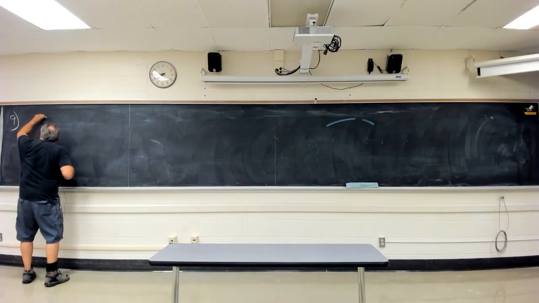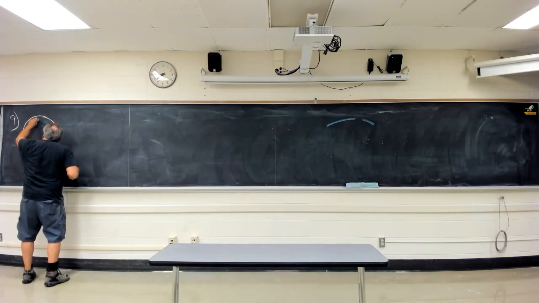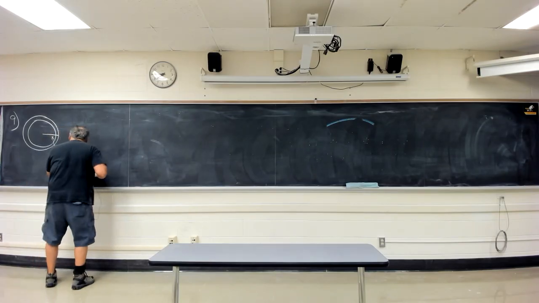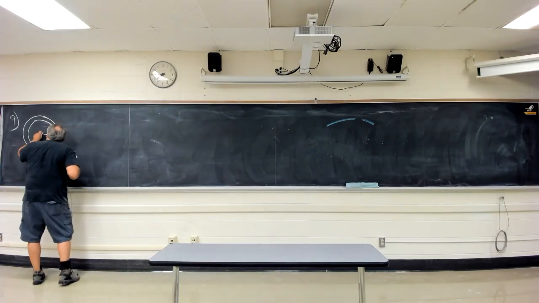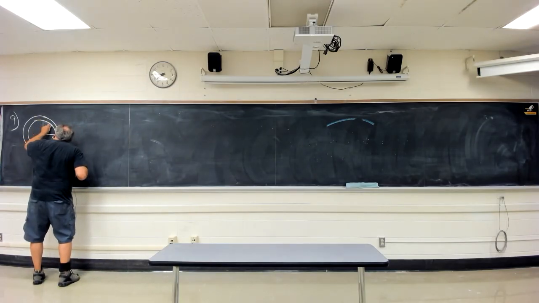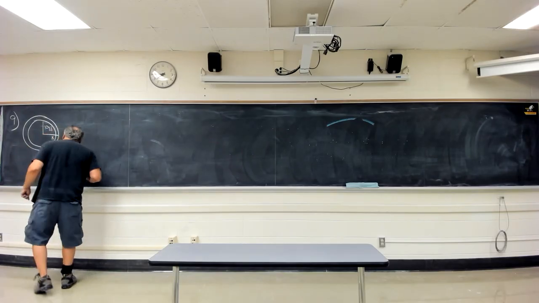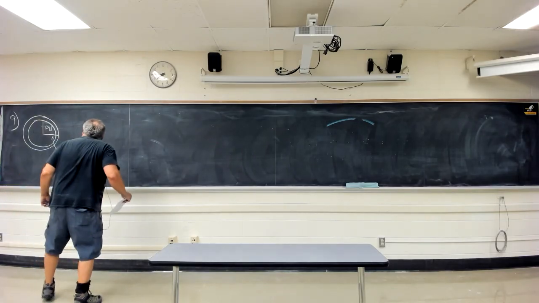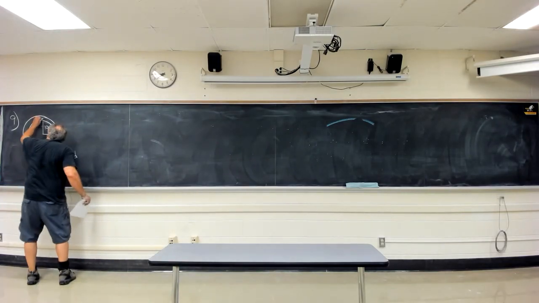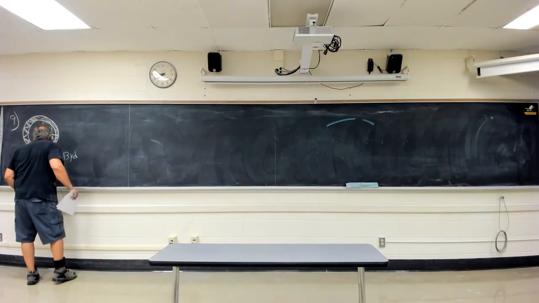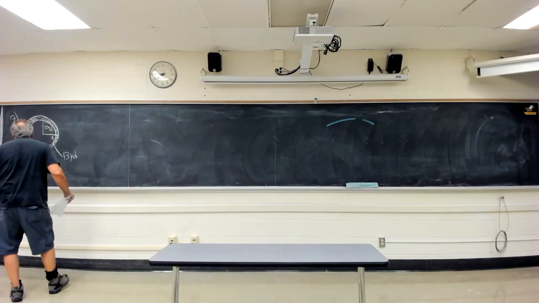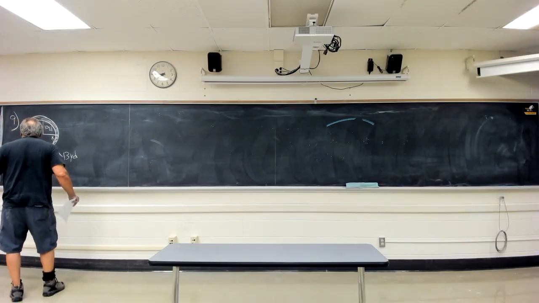You're talking about a situation like this. 13 on the outside, 10 on the inside. You're going to get the difference between the area of the big circle and the area of the small circle.